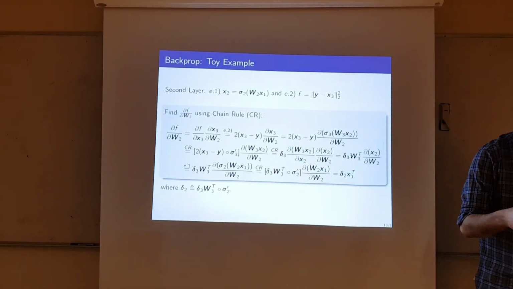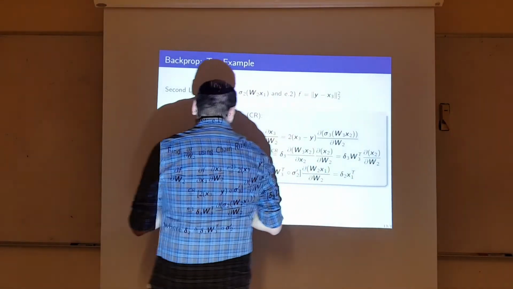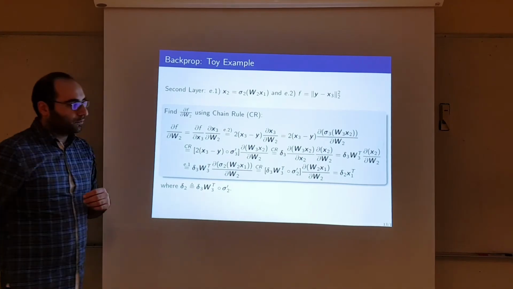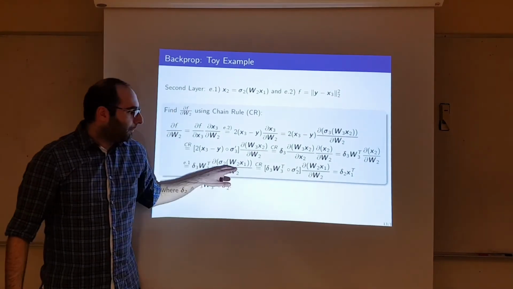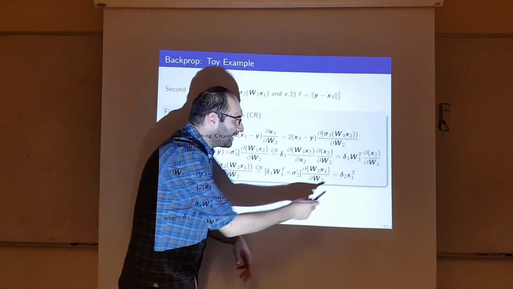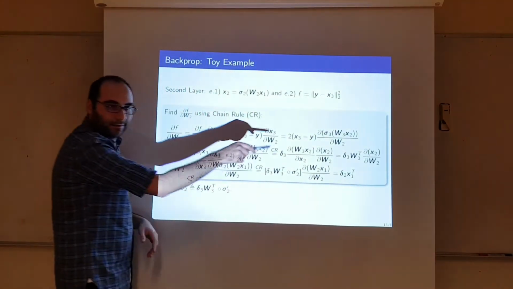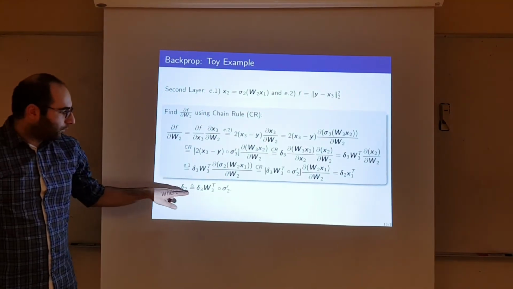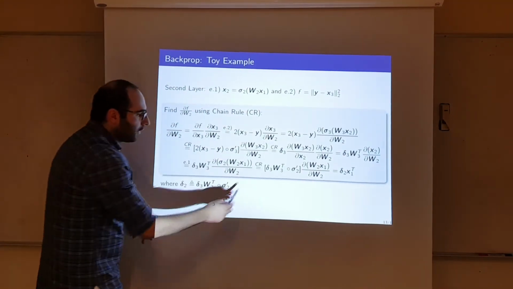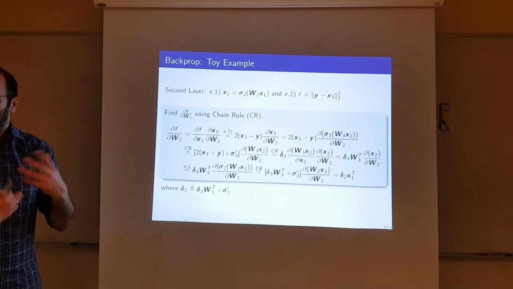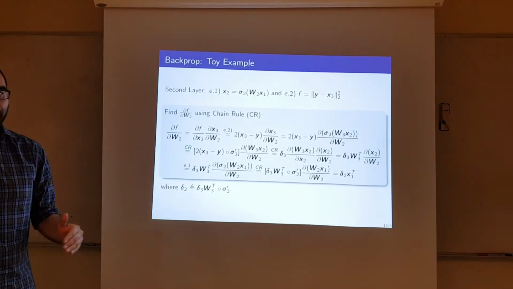We then get another derivative of a composite of two functions, which again we can apply the chain rule to one last time to get this expression. It's delta 2 x1 transpose, where delta 2 is this thing over here. So there is a structure, and we will see how in the next slide.